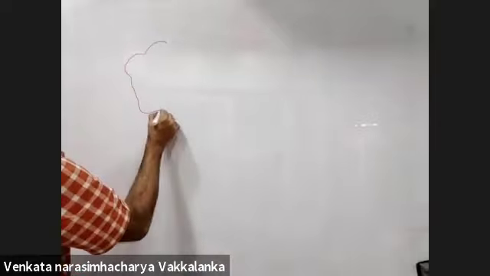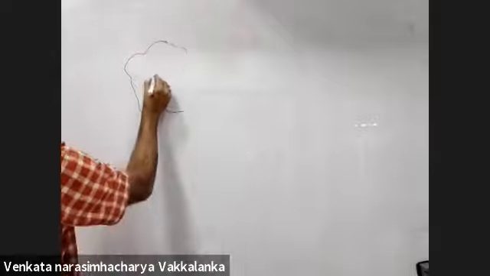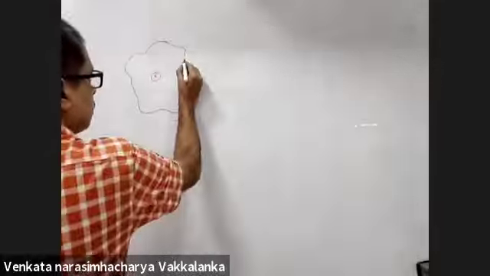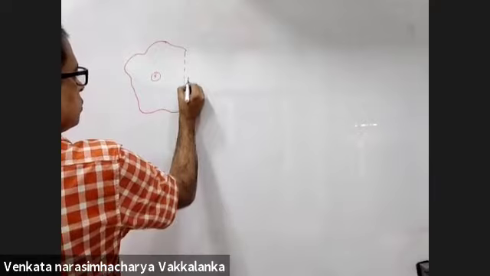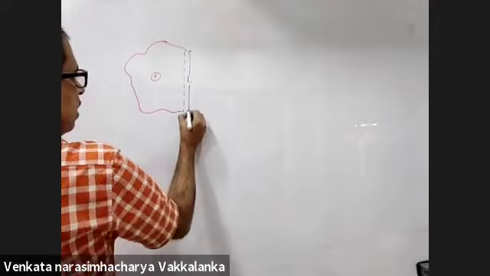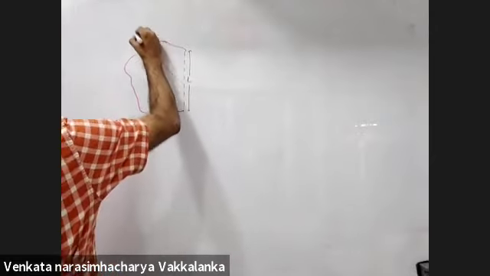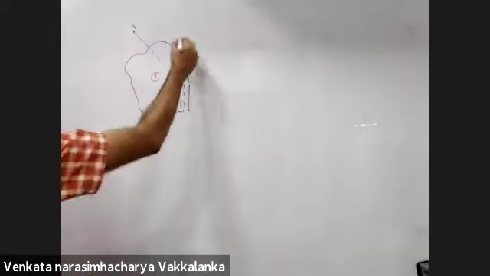There is a loop like this, and you have a magnetic field perpendicular to the board. This length is given as L, and the loop is moving with a velocity v, making an angle of theta.